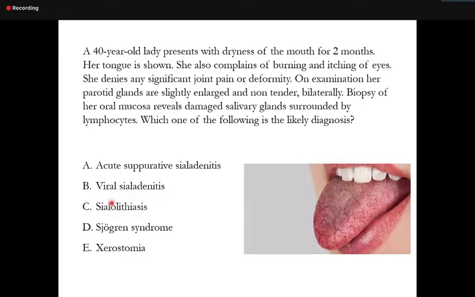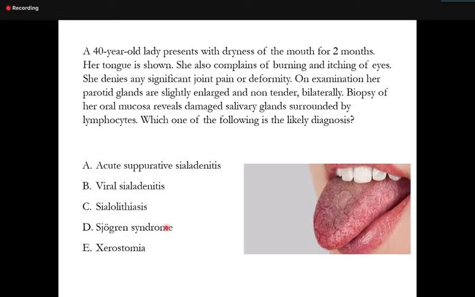Sialolithiasis can cause dryness, but it will cause dryness of that specific part in which that gland drains its secretions. So only that part will show dryness. It will not be a generalized dryness of the mouth.